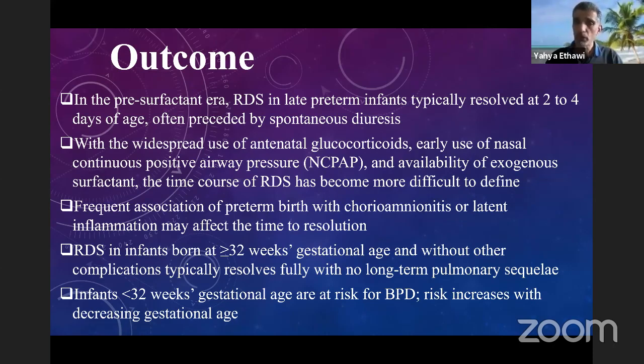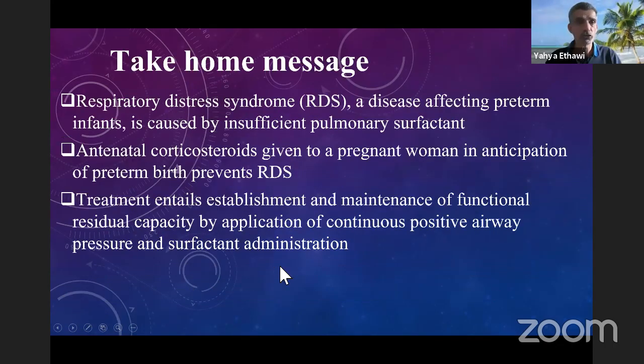Wide use of antenatal steroid, CPAP and surfactant makes the course of RDS unpredictable. Babies more than 30 weeks without any complication usually resolve with no long-term sequelae, but below 30 weeks, there might be some long-term sequelae.